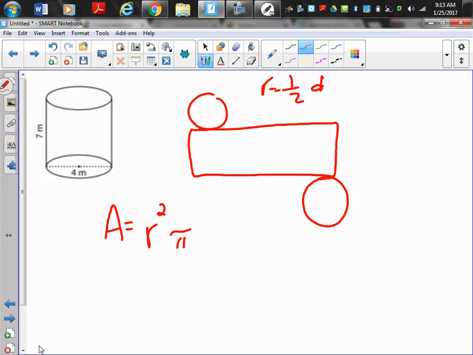What that means is you're going to just plug your number in here. Area equals 2 squared times pi. So what's 2 squared? 4. So this equals 4 pi. This circle equals 4 pi.